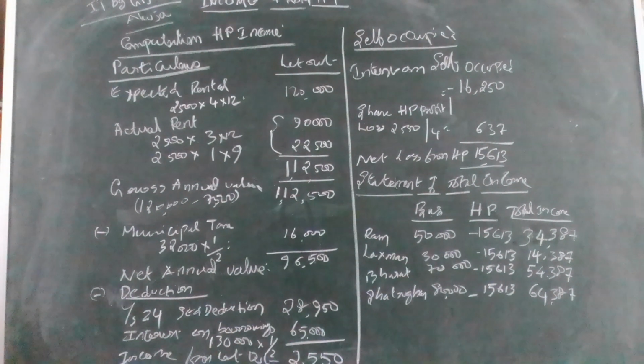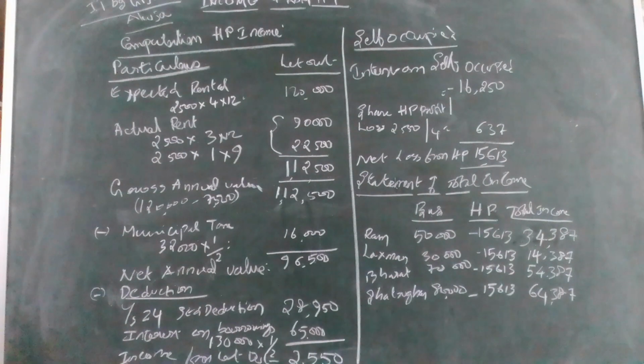Here this is only the computation of income for the let out property, so we have to take only 50% of interest on borrowing, that is 65,000. So net annual value minus standard deduction and minus interest on borrowing, the balance amount is 2,550, the total income of let out properties.